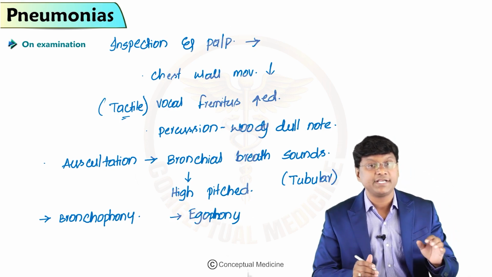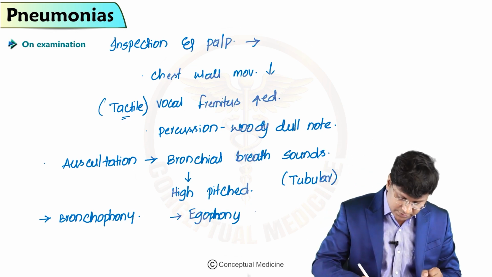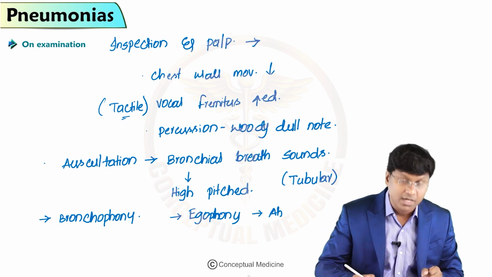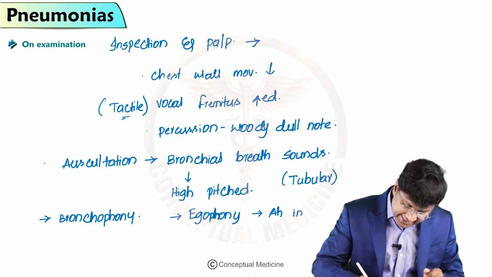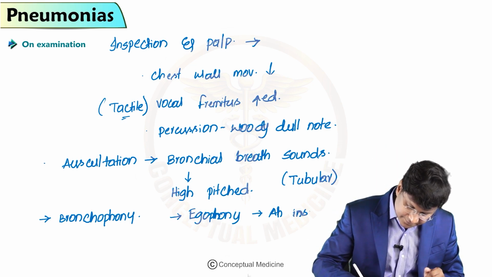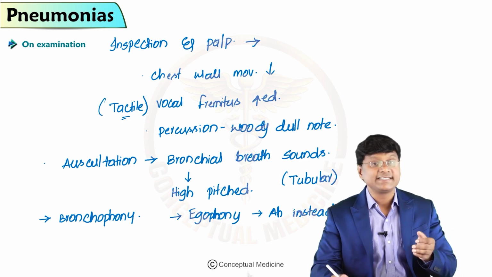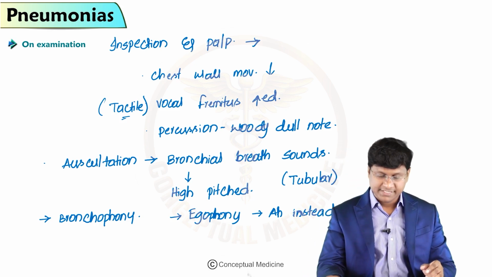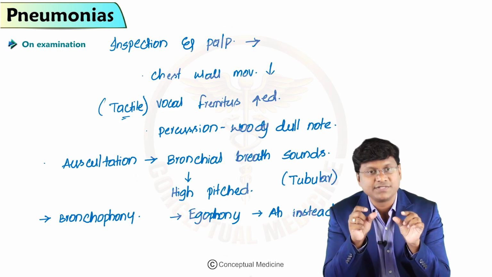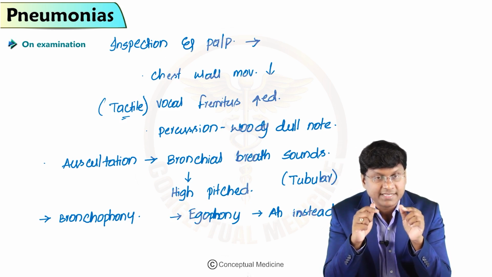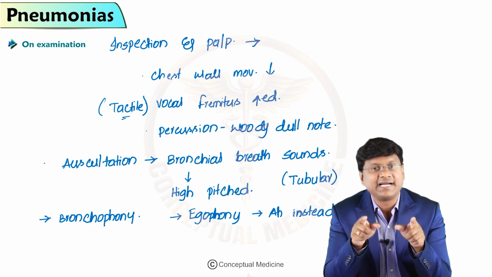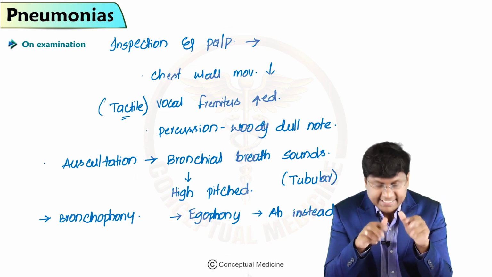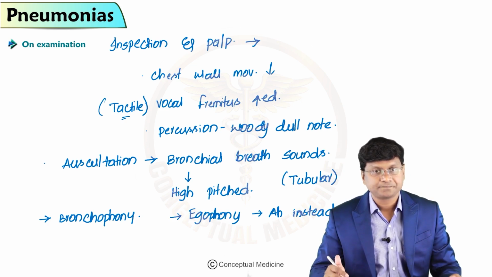Egophony is auscultation of the sound A instead of E when the patient phonates E. Here, you keep the stethoscope over the area of consolidation and ask the patient to say the letter E, but you will hear it as A. That is what is called egophony.